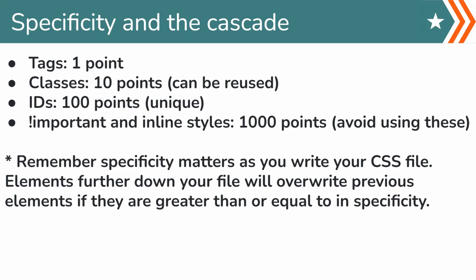The next one, which has the highest level of specificity, is going to be inline styling. Let's say they have 1,000 points of specificity, but because they have a higher priority in the style sheet, we use them very sparingly. Why?